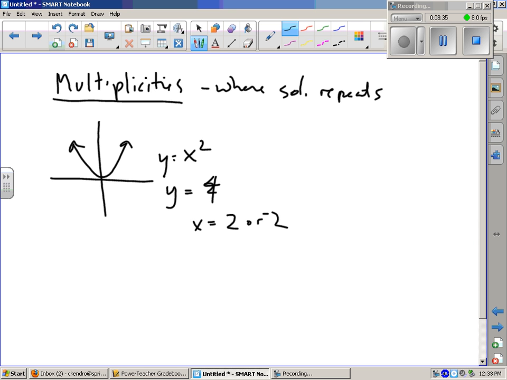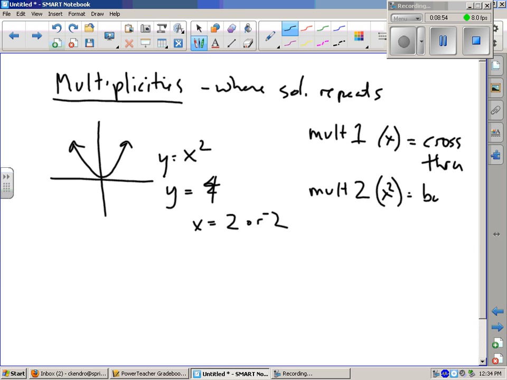So when you have more than one answer, we call it multiplicity. The way you represent that on the graph is, if you have a multiplicity of 1, which is just x to the 1 power, it's just going to cross through the graph. If you have a multiplicity of 2, that's like x squared, then it's going to bounce off the graph, kind of like this one did.